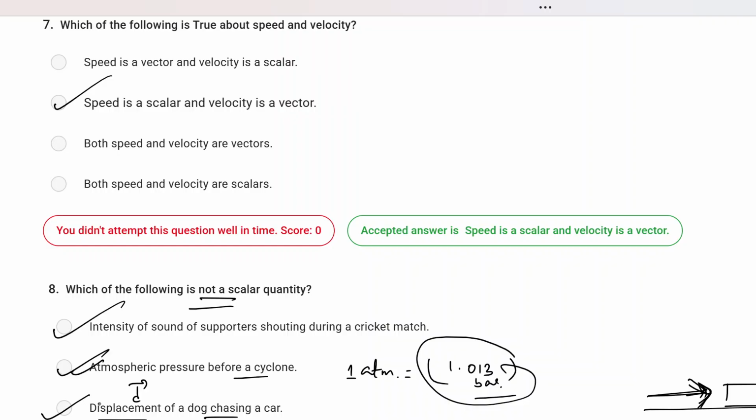And the temperature of your classroom during summertime is also a scalar, because temperature measures how hot or cold it is and has no directional information. So the correct answer is that displacement of a dog chasing a car is the only vector quantity here.